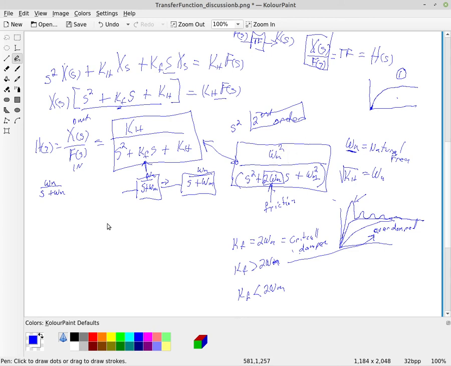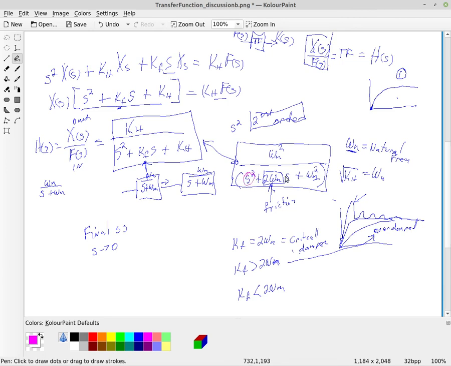The other thing you can tell is the final value or the final distance that it moves. Okay, the final steady state value. SS for steady state, the final steady state value. And you get that by letting S go to 0. So if you let S go to 0 in your transfer function, right, this is S squared, so you get 0 squared.